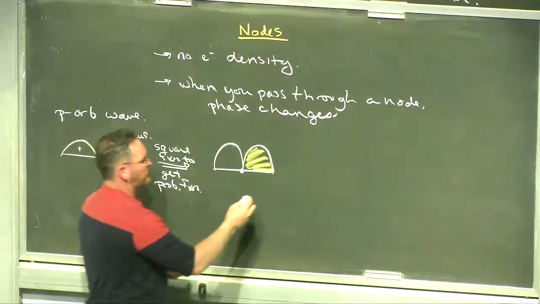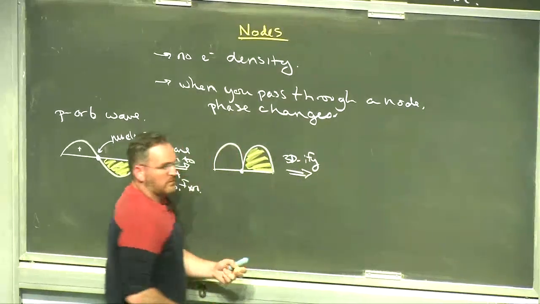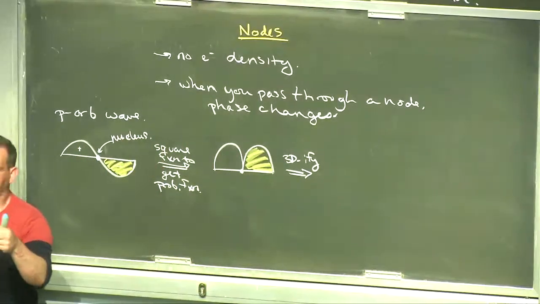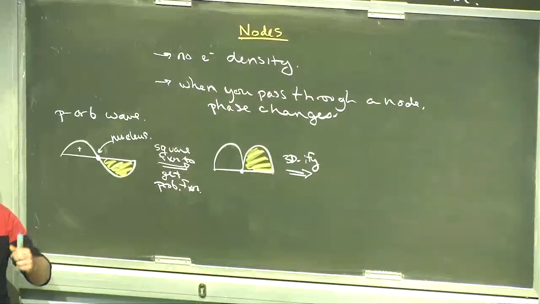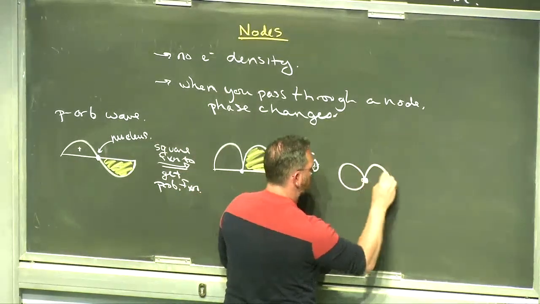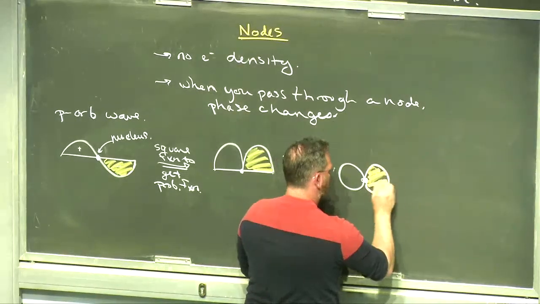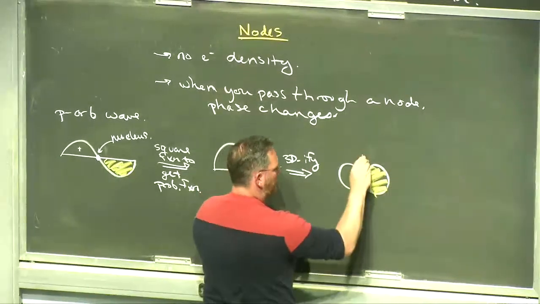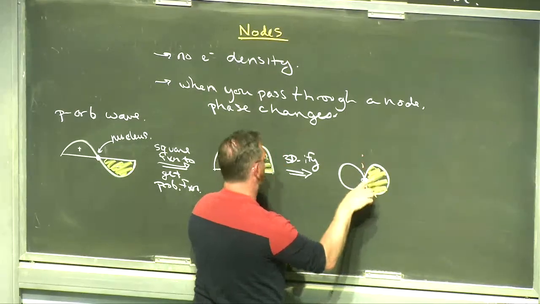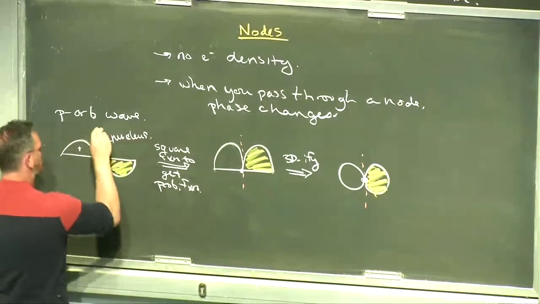All right, so then if we do our 3D magic, take that reference line, spin it like a stick, spin, spin, spin, you get that 3D shape. And we pass through a node, we get a different phase. We pass through a node, we get a different phase.